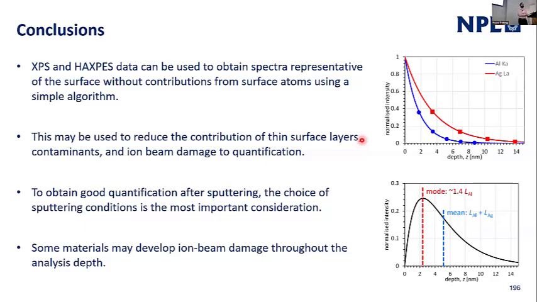It can also work for thin films, oxide films for example, or potentially things like carbon contamination. But at the end of the day, to obtain a good quantification after sputtering, we still need to be careful of the sputtering conditions that we're using. So still some considerations there.